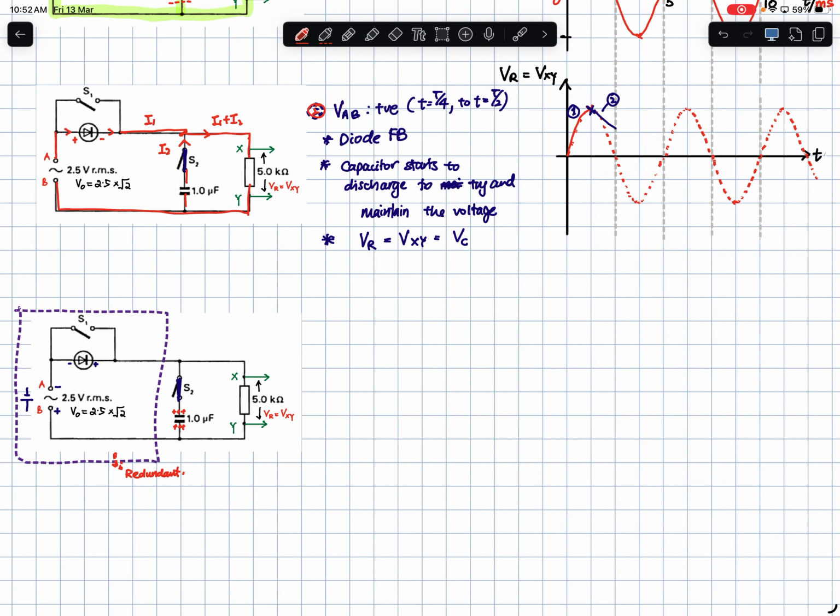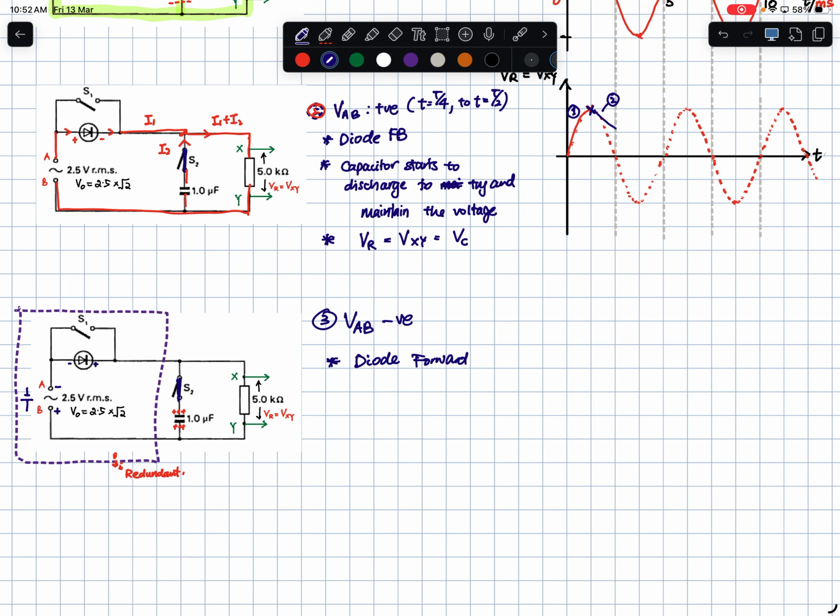So in part 3, let me write down the key ideas. Your potential difference across AB is negative. But what happens is your diode is in reverse bias. This means your source cannot charge the capacitor, and there is no current from the source.